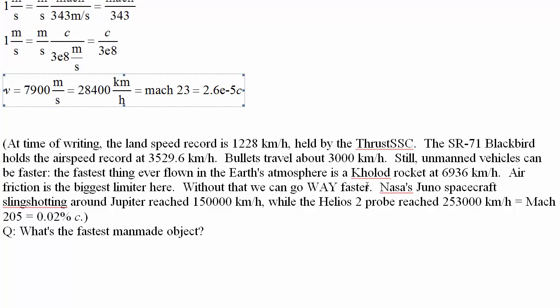Without that, we can go way faster. So NASA's Juno spacecraft slingshotting around Jupiter reached 150,000 kilometers an hour, and the Helios 2 probe reached 250,000 kilometers an hour. You can find a story on the internet about a testing of an atomic bomb that inadvertently was quite a lot more powerful than intended, and possibly blew a steel plate into a speed at the Earth's surface as fast as the Helios 2 probe.